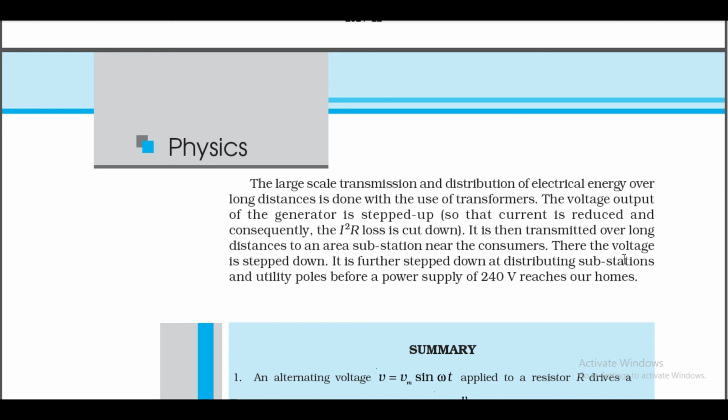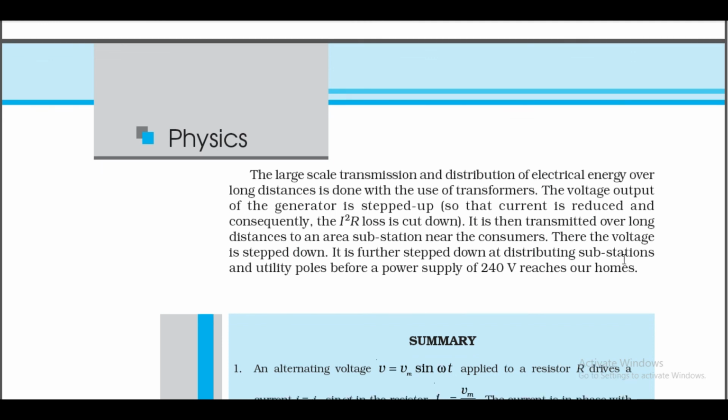It is transmitted over long distances to an area substation near the consumers. There the voltage is stepped down. It is further stepped down at distribution substations and utility poles before a power supply of 240 volt reaches our homes.